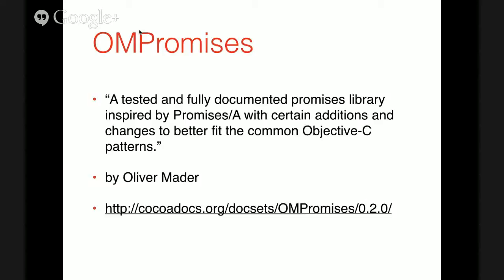OMPromises is a fully documented promises library inspired by the Promises/A proposal, which is for JavaScript. And it has certain additions and changes to better fit the common Objective-C pattern. I just read the description by Oliver Mader, who made this library, and you can find it on GitHub and access it very easily via CocoaPods.